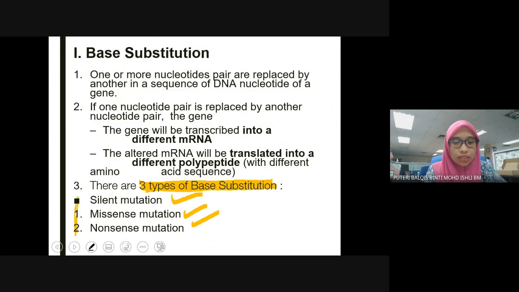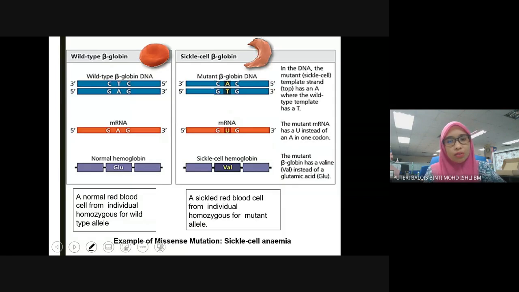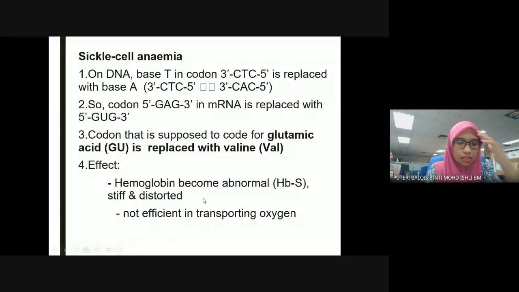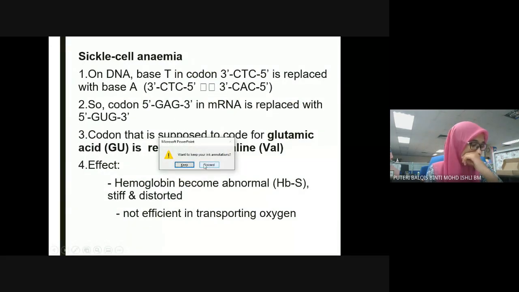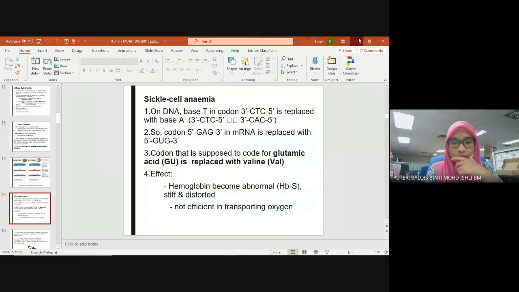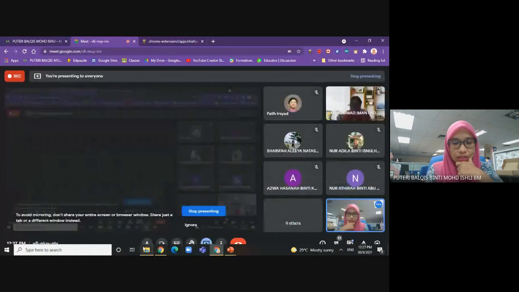Okay, contohnya, untuk base, tak jumpa lah pula. Sekejap saya tunjuk. Saya cari dekat lecture note yang dulu.